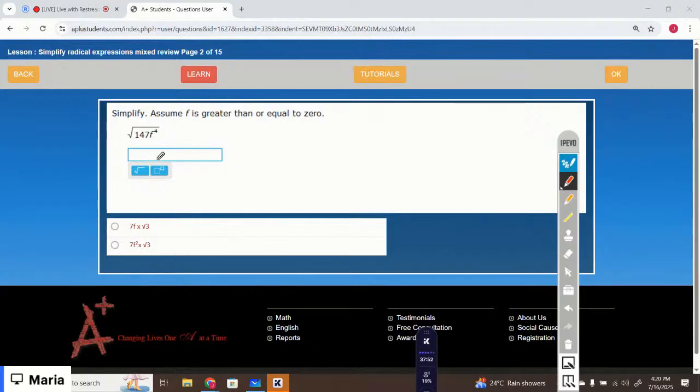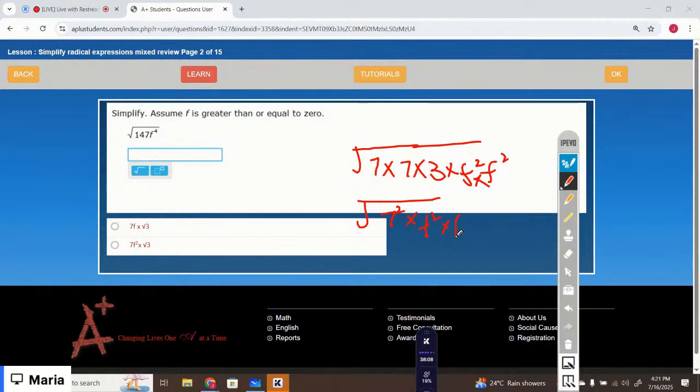So the factors are 7 times 7 times 3. And F^4 we can write as F squared and F squared, right? So we have 7 squared times F squared times F squared times the square root. So all these squares are cancelled out with the square root. So we are left with 7F squared and the square root.